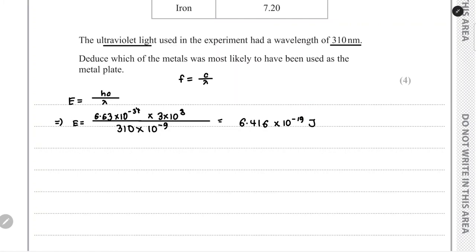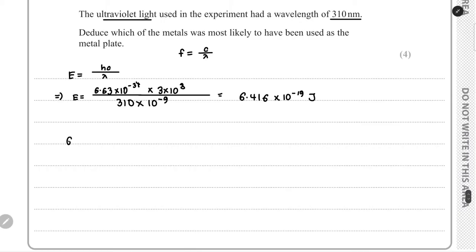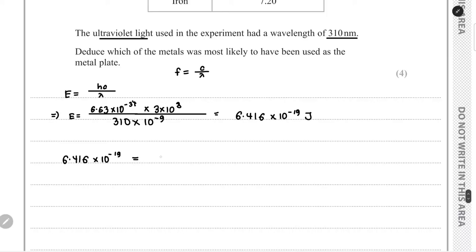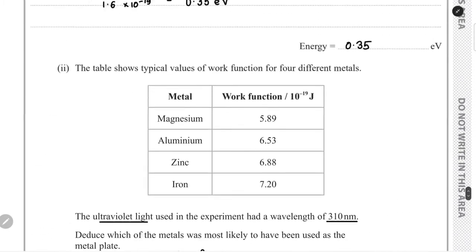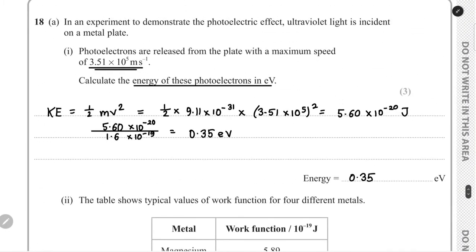This is the energy of the photons. This will be equal to the work function plus the kinetic energy or maximum kinetic energy. We already have the maximum kinetic energy from part 1. This is 5.61.